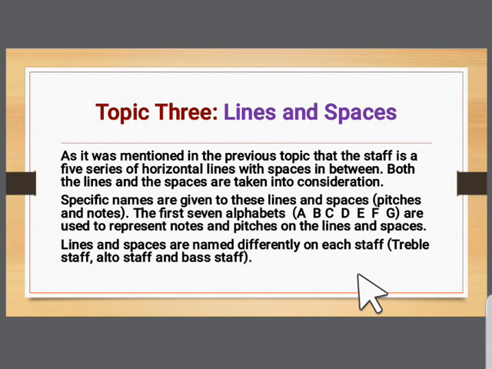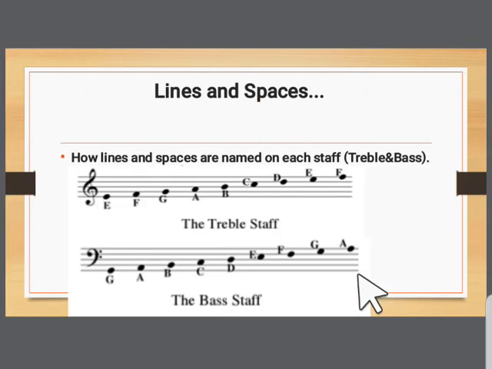That is, on the treble staff, these alphabets are arranged differently, and differently on the alto staff, and another difference on the bass staff. So let's get to know how these lines and spaces are named on each staff. We are emphasizing much on the treble and bass staff.